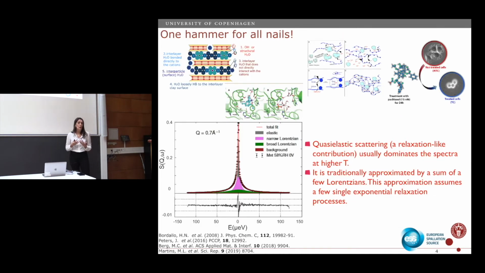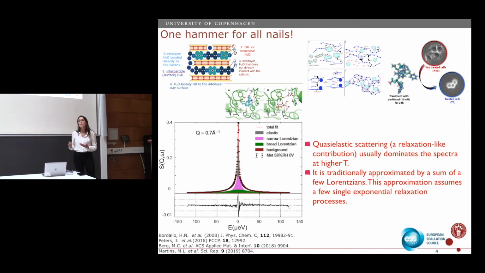However, we do the same thing, no matter which system we are studying. Because with this technique, we can analyze water in clay systems, we can analyze water in proteins, we can analyze water when it's hydrating cement, for dental cement, for example.